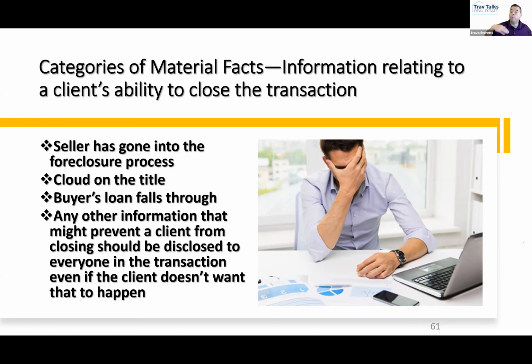So as a perfect example, I had a listing one time years ago. Husband and wife listed their house with me. We put it on the market. A week later, the wife calls me in tears, sobbing.